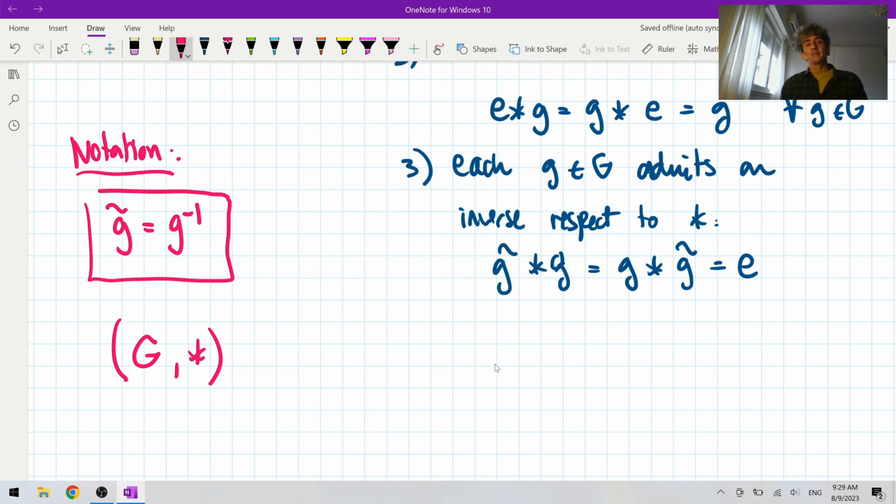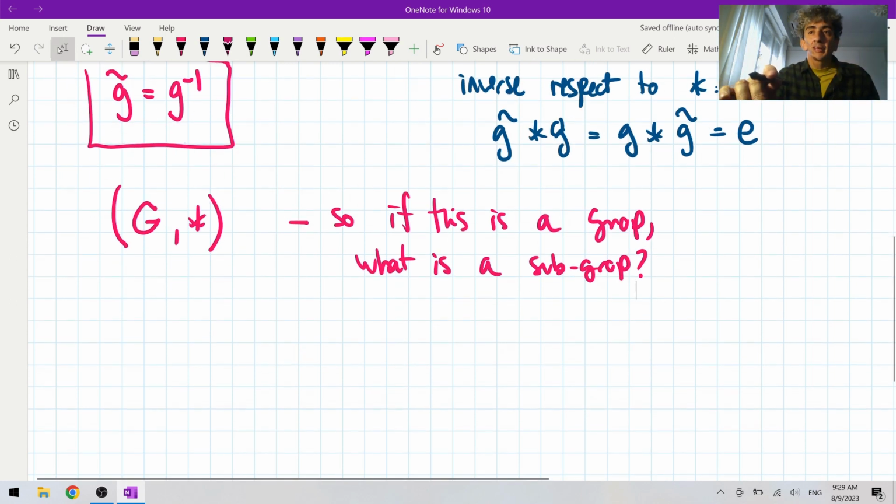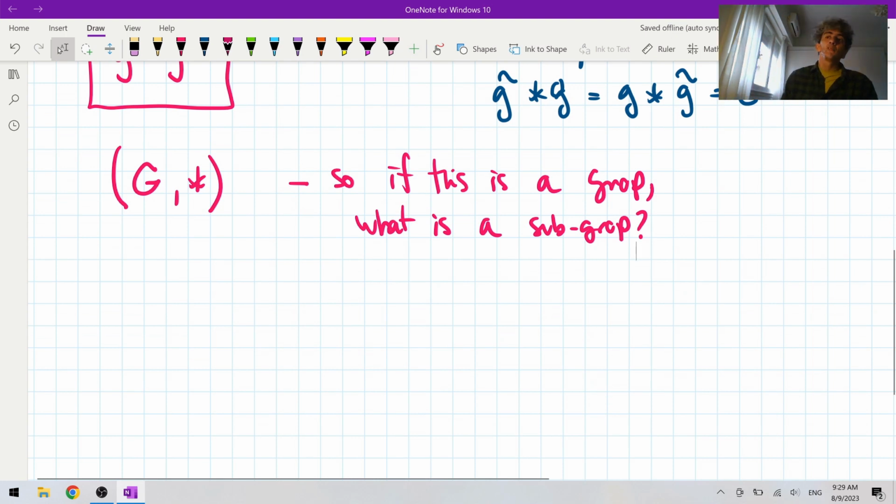Okay, so what do we mean by a subgroup? So if this is a group, what is a subgroup? We're going to give a gentle definition of a subgroup.